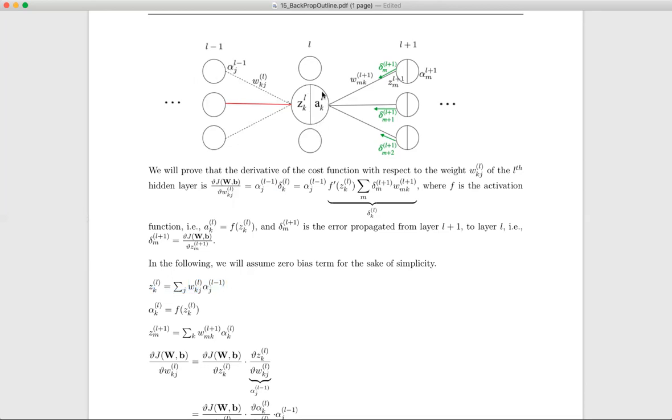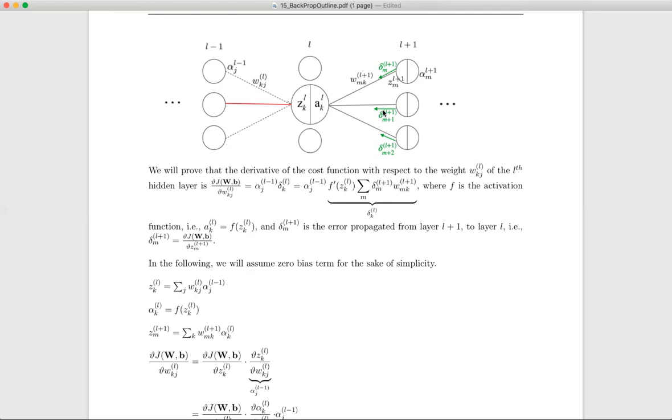Now the activation alpha K of L, meaning the activation of the kth node at the L hidden layer, is equal to the activation function f of the input of that node. That's pretty straightforward.